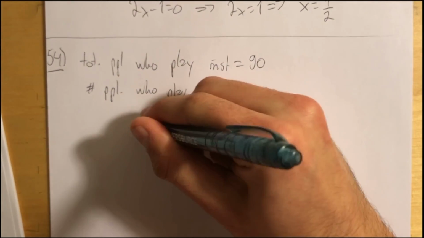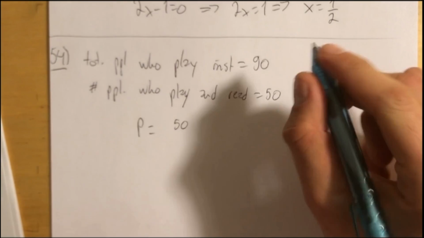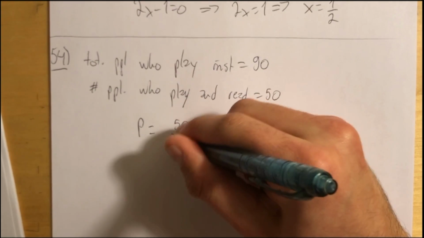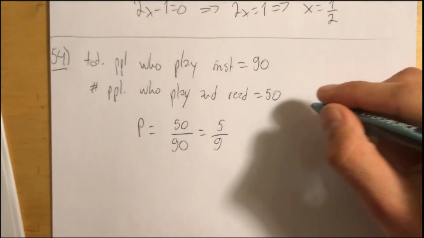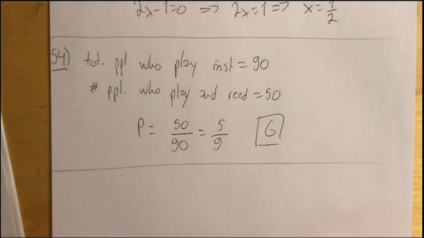So then the probability will be given by the people who play and read over the total people who play a musical instrument, which, simplifying, is 5/9. Option G.